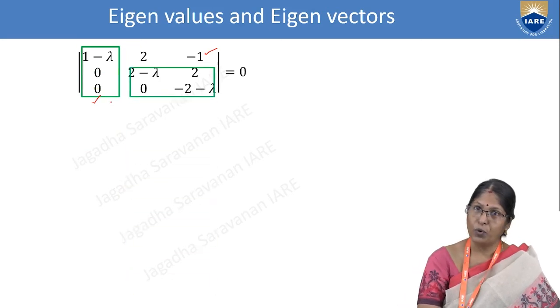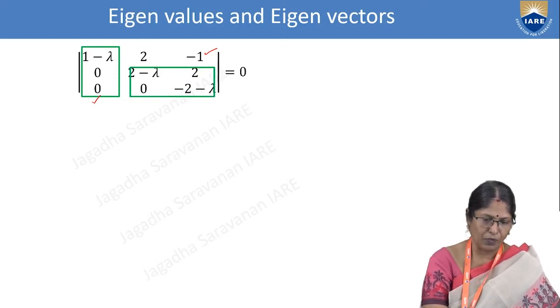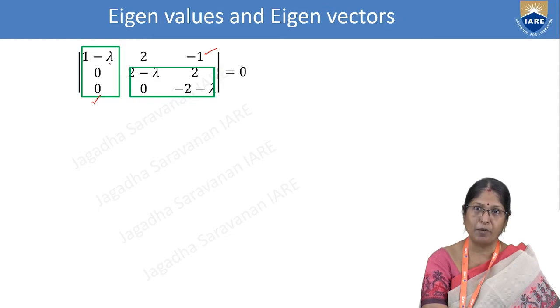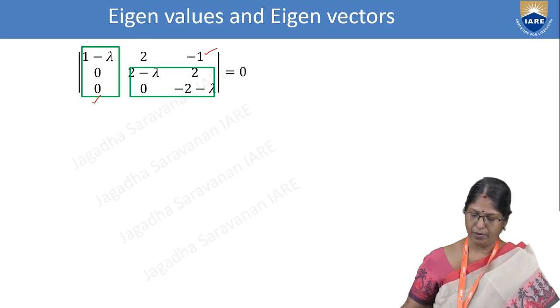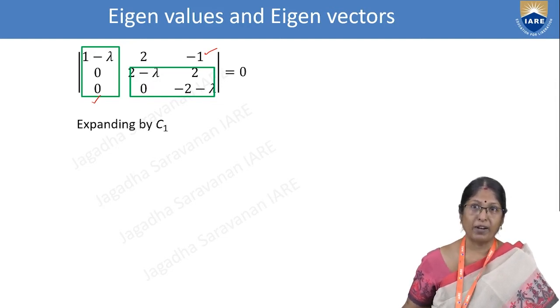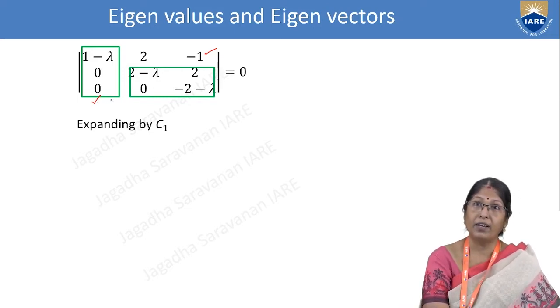This we have taken. The determinant: if you take 1 minus lambda, the particular row and particular column we neglect. With the rest of the elements we do the cross multiplication. We are going to expand by C1, which is what the green rectangular box represents.